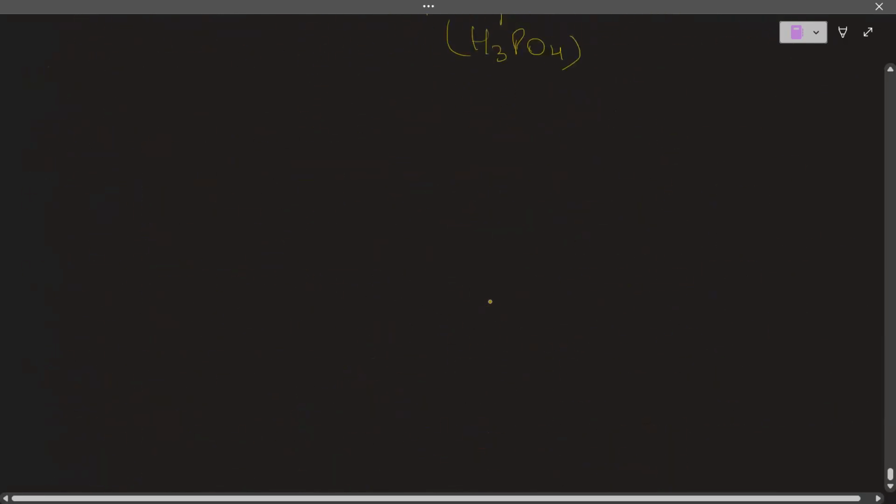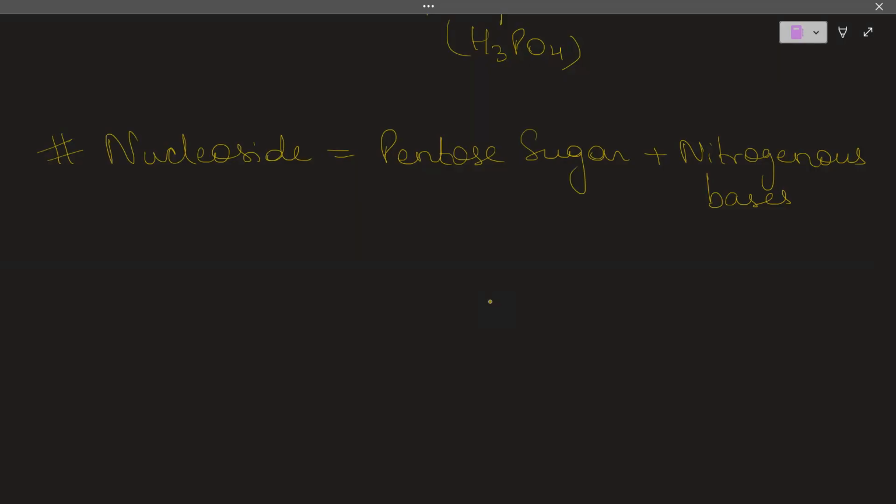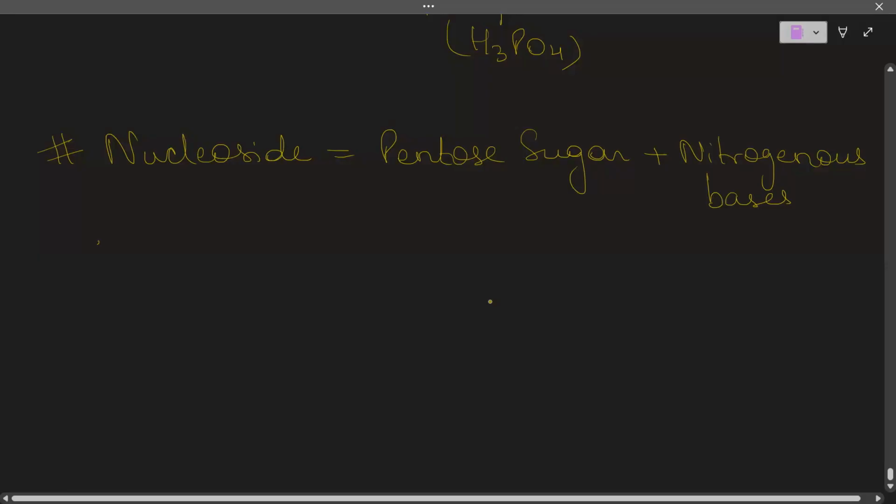Now there is one more thing called a nucleoside. Whenever a pentose sugar is present with a nitrogenous base, meaning it is forming a bond, that is what we call a nucleoside.